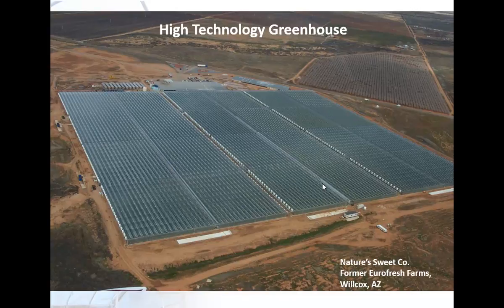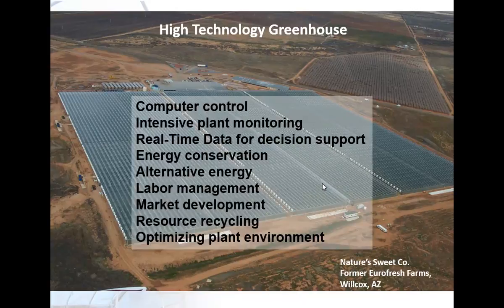An aerial view here of a 40-acre block of glass greenhouse, having all the technologies, computer control, monitoring of the plant in real time, providing for decision support to help the grower make better decisions about how to change and modify that environment to improve energy conservation while you're improving plant productivity, using alternate energy sources, cogeneration, monitoring and controlling labor to reduce costs and improve management, developing markets because there is a need for a lot of product to move through this system on a daily basis.